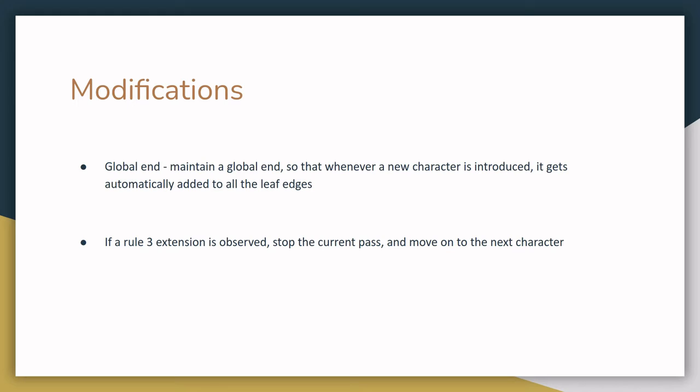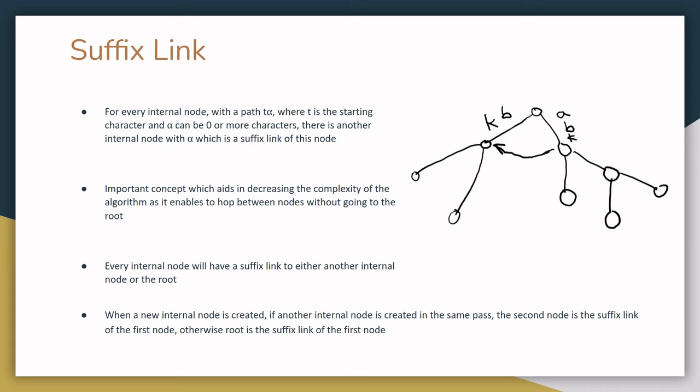Now we need to understand a few more concepts before we dive into the actual algorithm. So the first one among them is called a suffix link. By definition, for every internal node with a path tα, where t is the starting character and α can be 0 or more characters, there is another internal node with path α, which is the suffix link of this node.